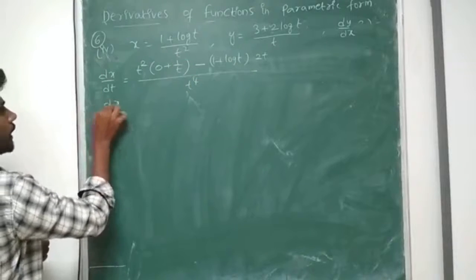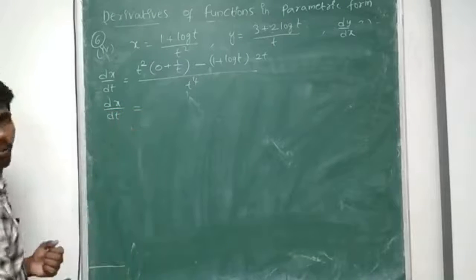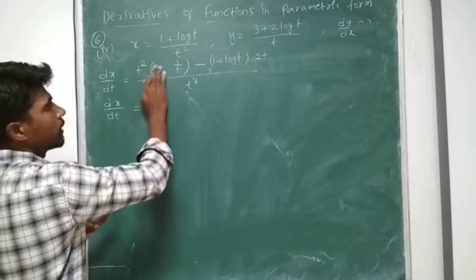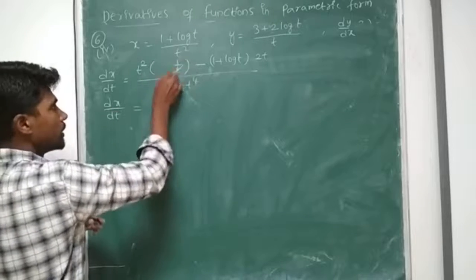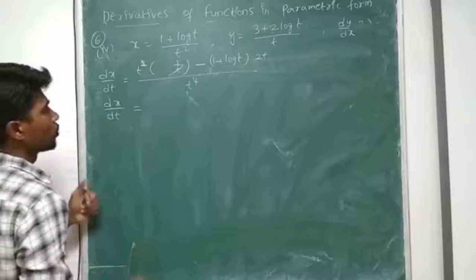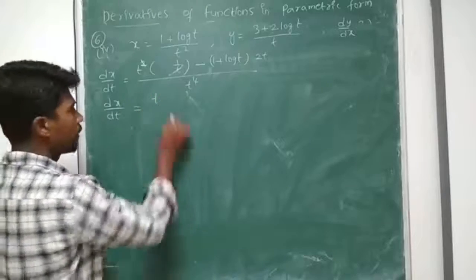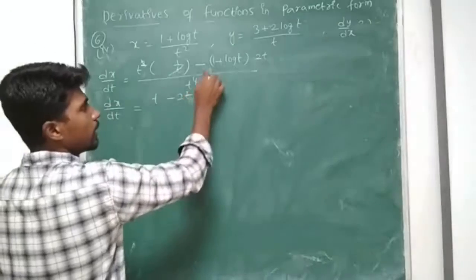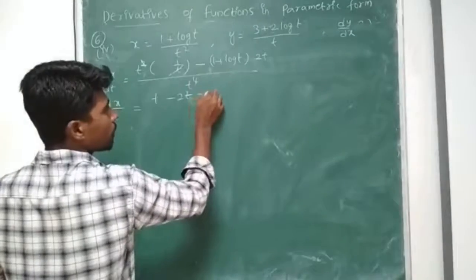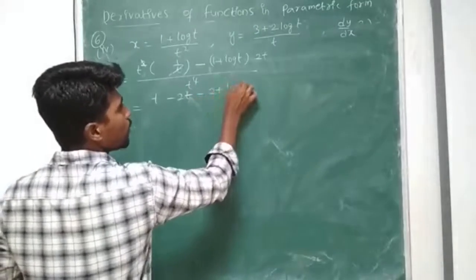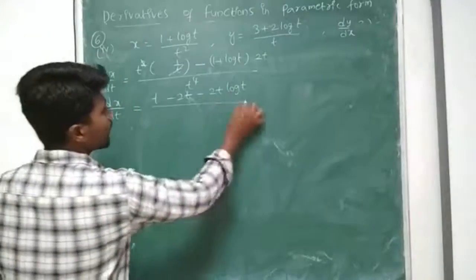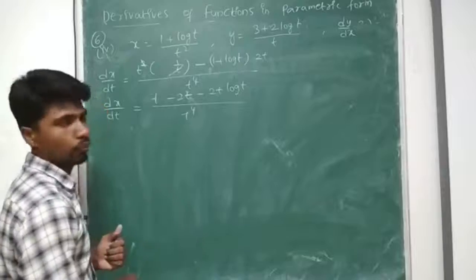Now dx by dt is equal to 0 plus 1 by t. So I get 1 by t, and t square, and here t gets cancelled. So now t minus 2t minus 2t log t, whole divided by t to the power of 4.